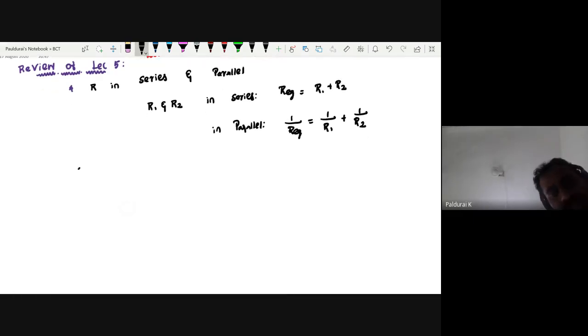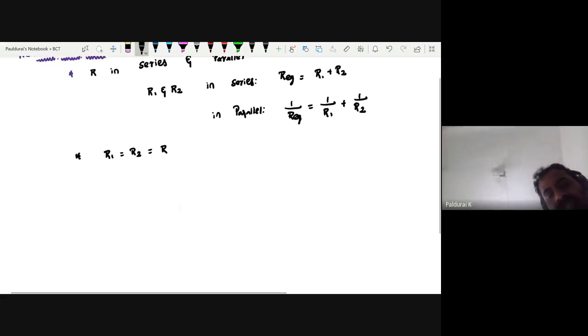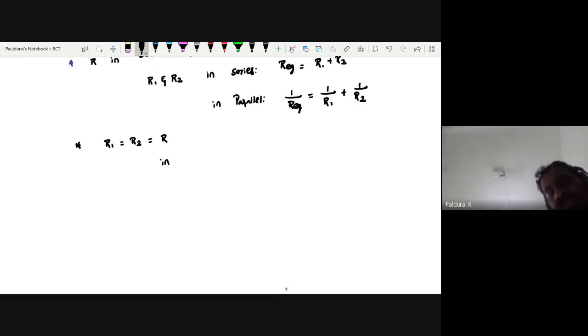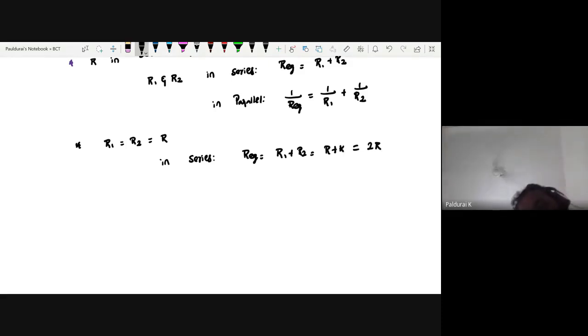The next, let me take R1 equal to R2. If both are equal, take some R. If we connect two equal resistances in series, what will happen? R equivalent is equal to R1 plus R2. Both are R, so R plus R, it becomes double, right?